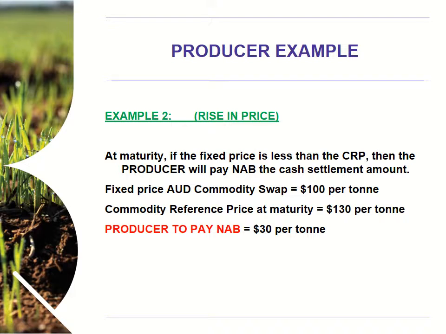So the prices have risen by $30. Now, what happens is the farmer still gets $100, but the producer will have to pay the additional $30. So he gives up his right to get profit from an increase of price for the ability to protect his price at $100.